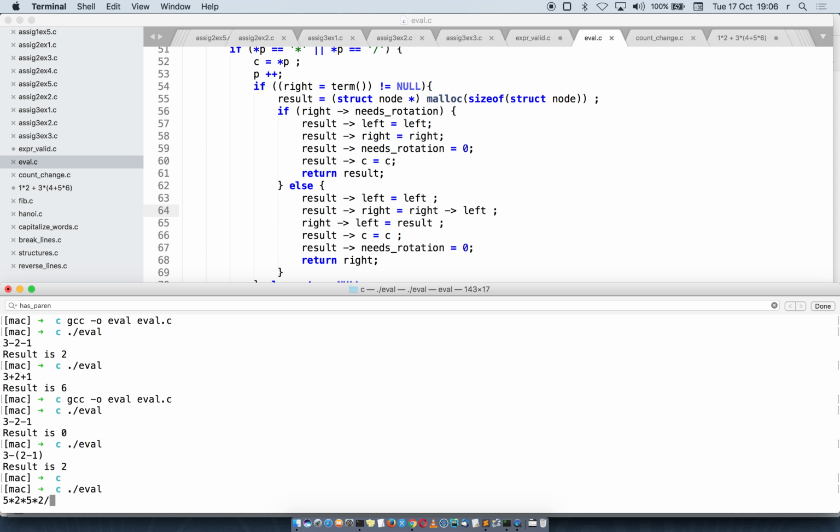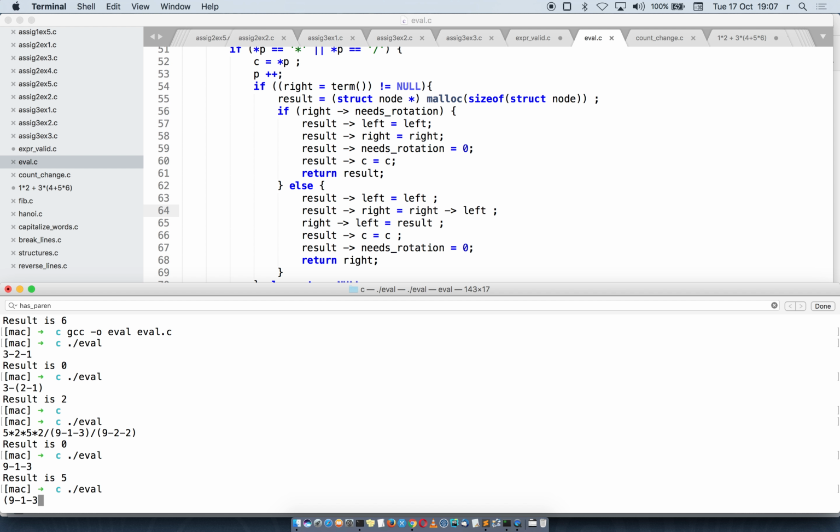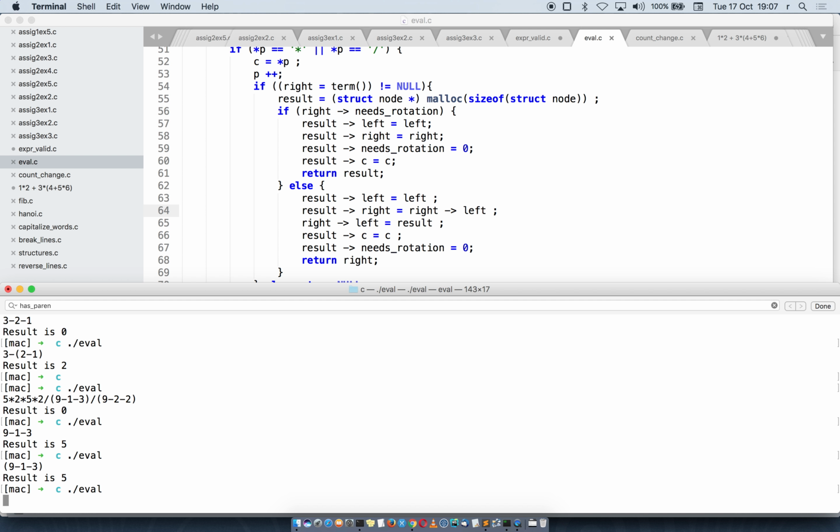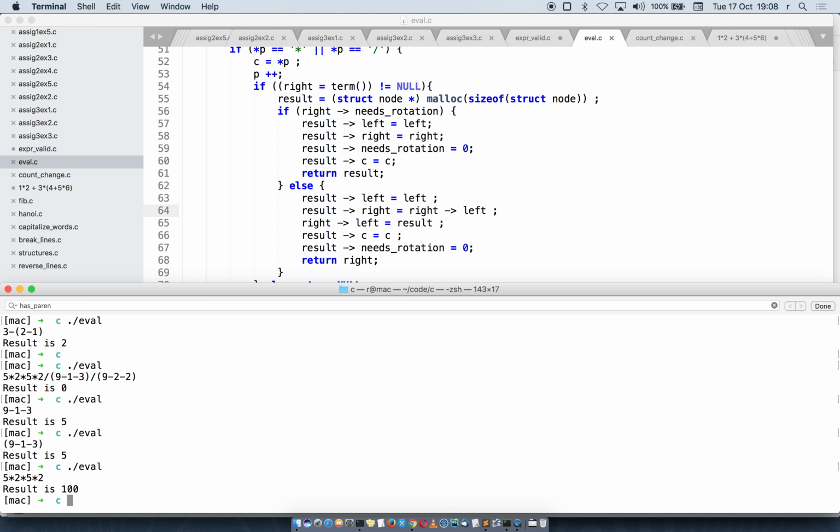So 9 minus 1 minus 3, oops. This is 5. If I put this in brackets, 9 minus 1 minus 3, it's still 5. 5 times 2 times 5 times 2 is 100, correct?